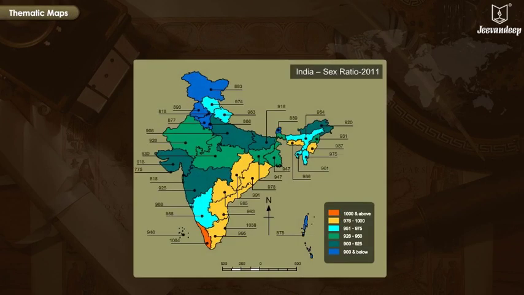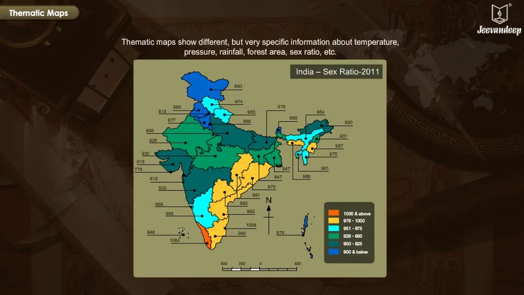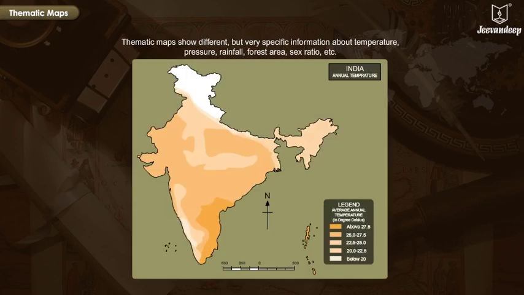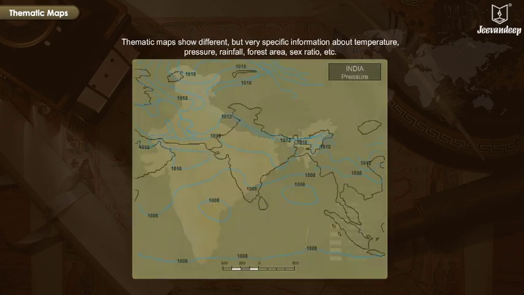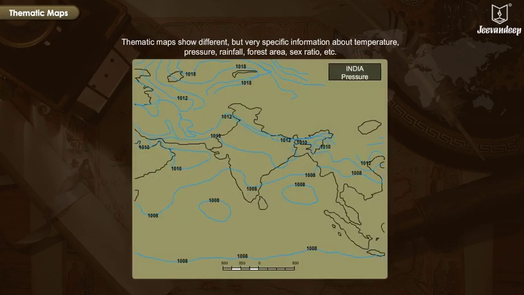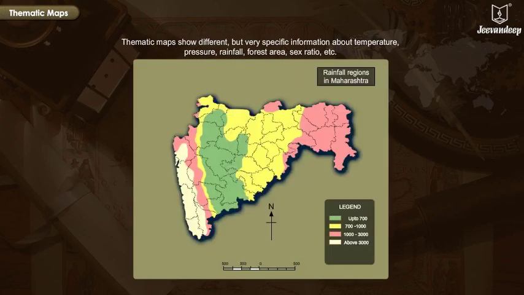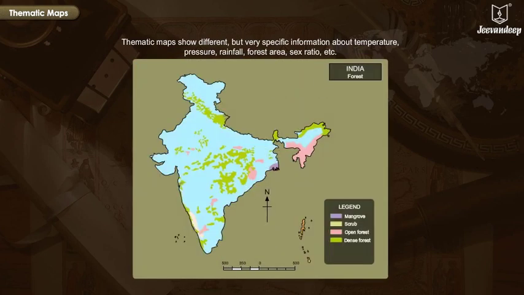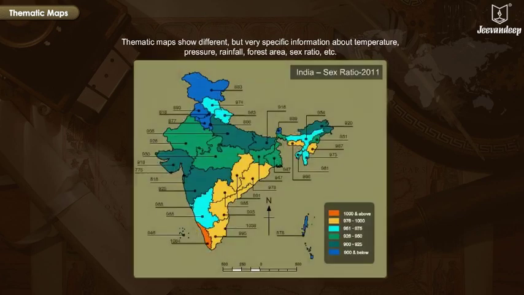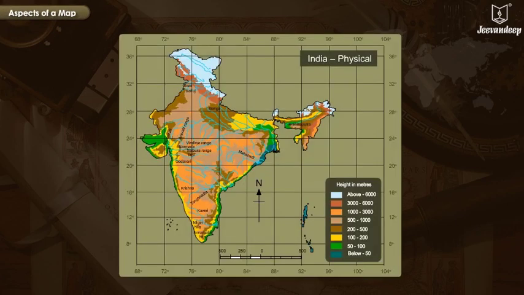Thematic maps. Thematic maps show different but very specific information about temperature, pressure, rainfall, forest area, sex ratio, etc. Aspects of a map.